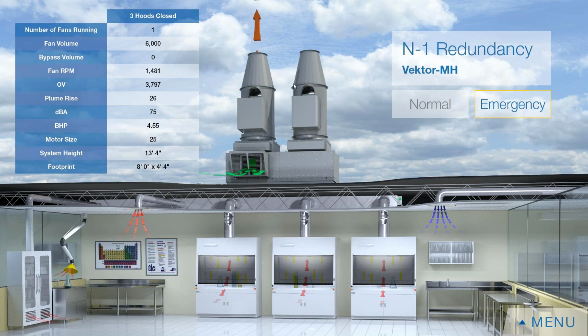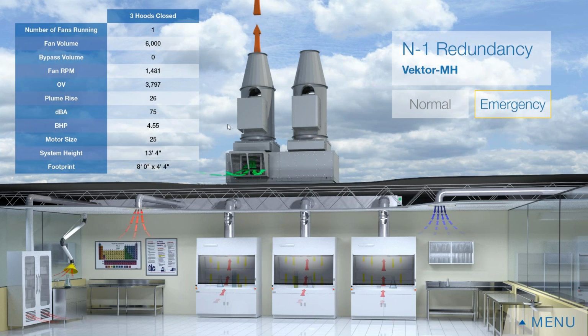One way we do that is by narrowing the nozzle diameter a little bit. So if one fan fails and the other one ramps all the way up, we now have to push 100% of the CFM up through a much smaller diameter nozzle, which in return means N-1 would require a bigger motor.